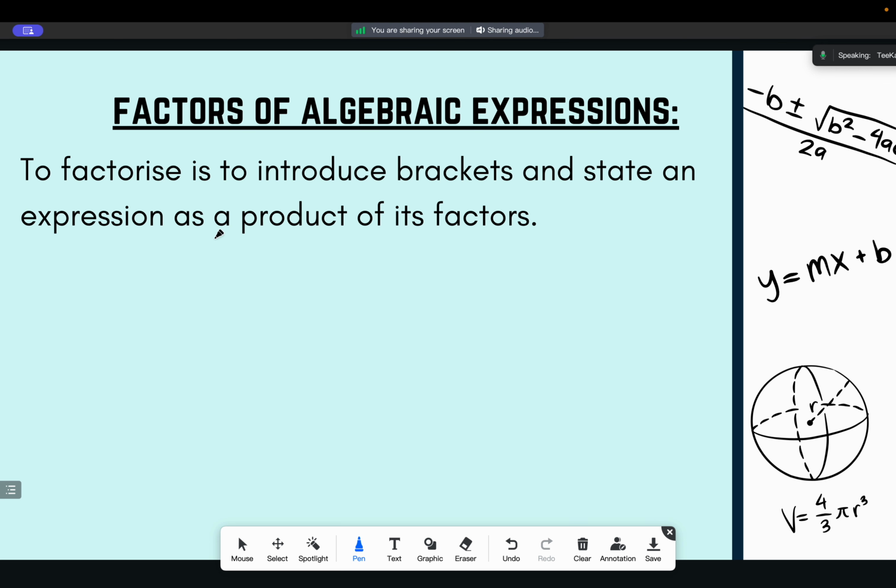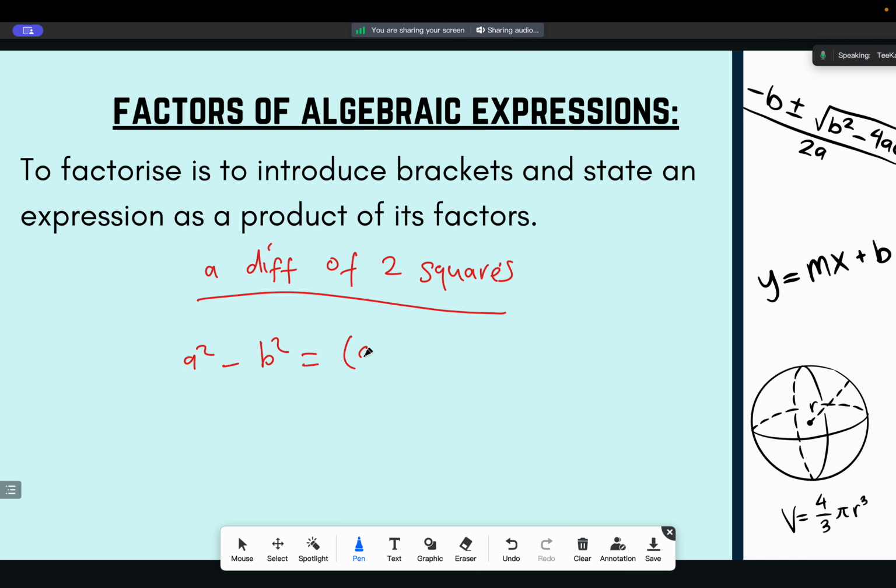We talked about a difference of two squares, which is a squared minus b squared. And we said, how do we solve this? We say a minus b and a plus b here. And this is our answer.